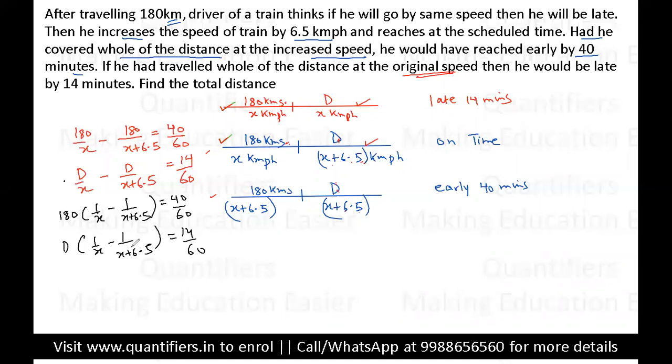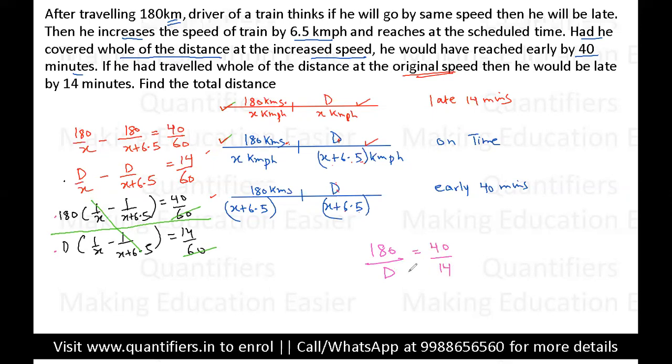Now, students, simply divide it, because if you divide, most of the things will get cancelled out. I am dividing both the equations. So you can see this part will get cancelled out. 60 and 60 will also get cancelled out. Finally, students, we'll be left with only 180 divided by d, and we'll be left with 40 by 14.